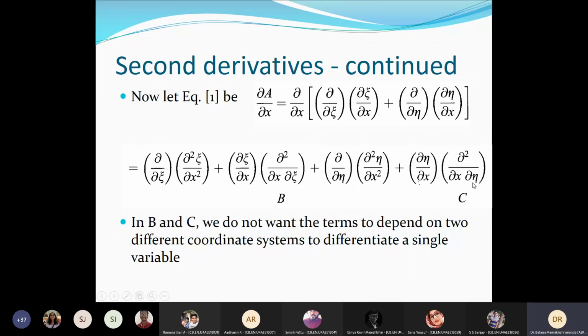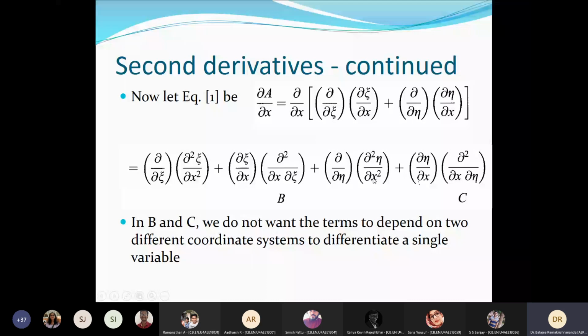Now these terms, this ∂²ζ/∂x², can be computed from your grid. ∂²η/∂x² also can be computed, how η varies with x. So you have only ∂/∂η and ∂/∂ζ, which is how the equation should look nicely in the computational domain.